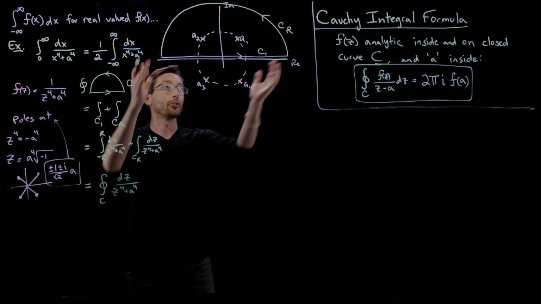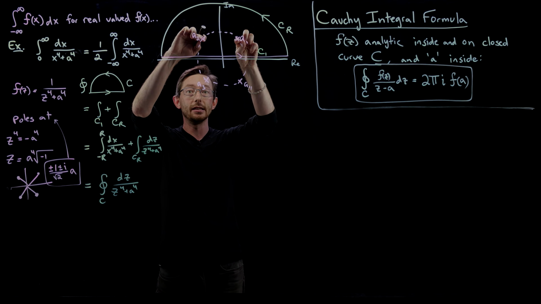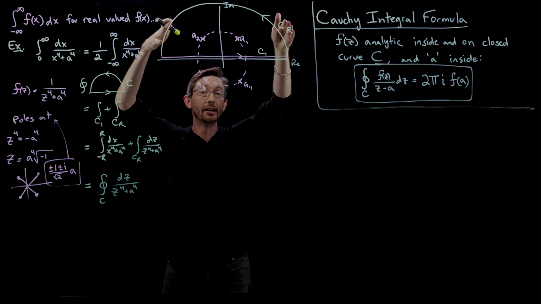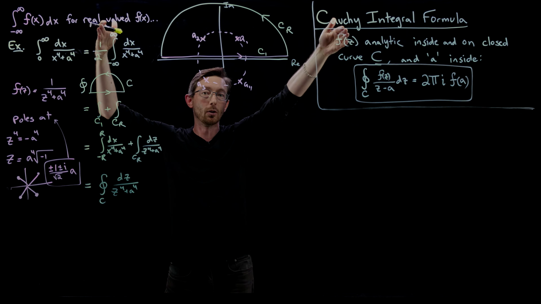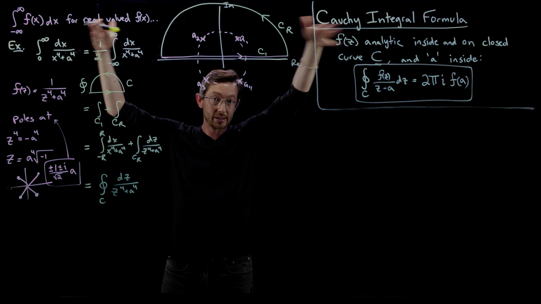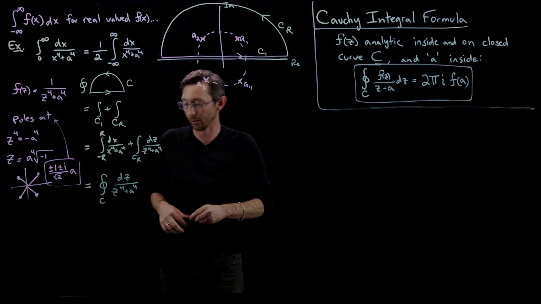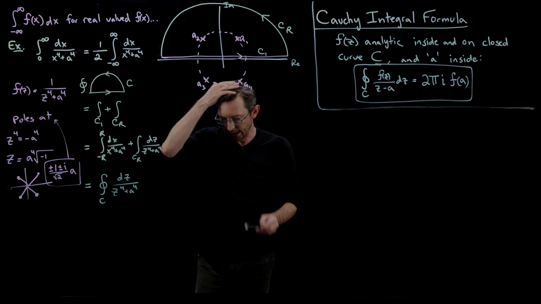And this is going to be true for any closed contour that contains these 2 points, for any radius that's big enough, bigger than a. So for radius 1, 10, or 1,000,000, or the limit as R goes to infinity, this actually isn't going to change because of this Cauchy integral formula. So how do I do this?